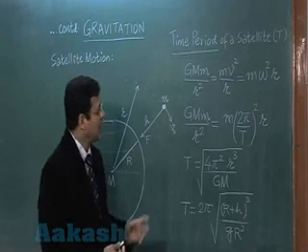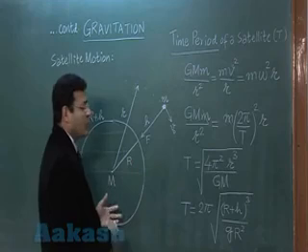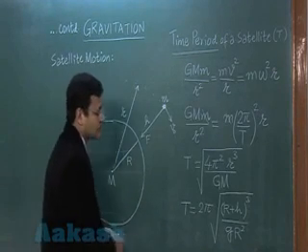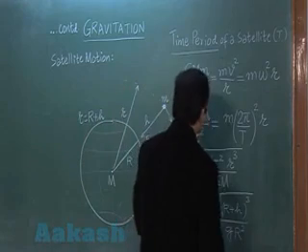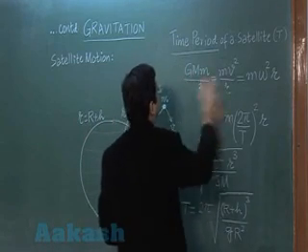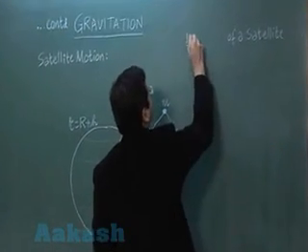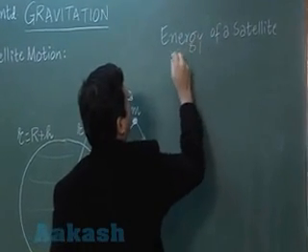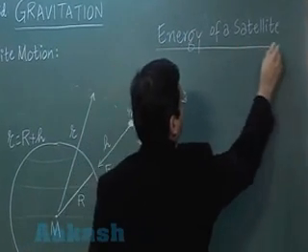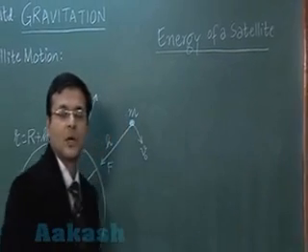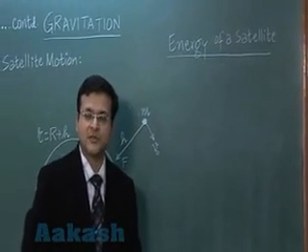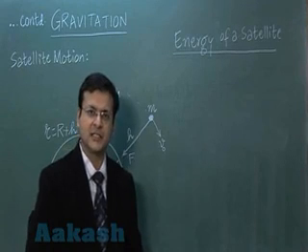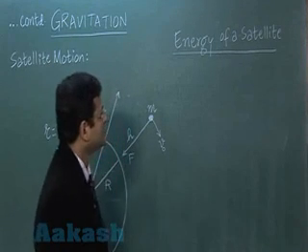You understand? Now let us talk about the energy of a satellite. If you are talking about the energy of a satellite, essentially we mean the mechanical energy, that is the kinetic energy and potential energy.